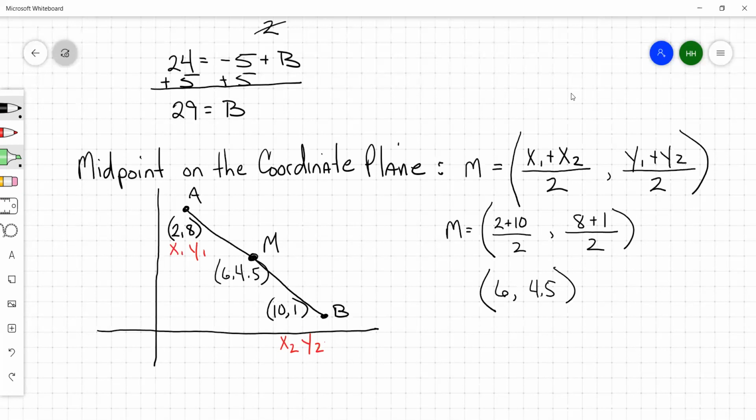All right, and just like I showed you before, if they give you an endpoint and they give you the middle and they ask you for the other endpoint, you use the same formula.